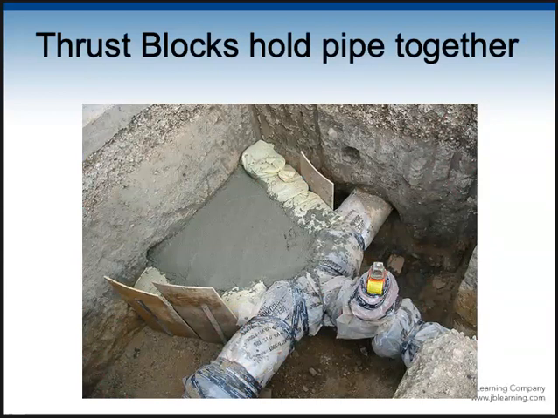So what they use is thrust blocks and or restraint fittings. And I'll show you a picture of restraint fittings. Thrust blocks are where they will use concrete underground anywhere there's a change of direction in the plumbing.